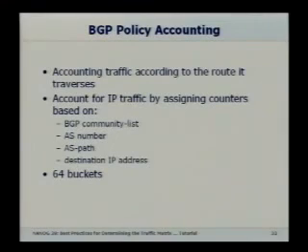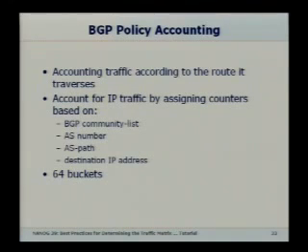So you can either match it on neighbor ASs or things in the AS path. You can base it on communities, which might be the easiest one. So, for example, on all your peers, you give every peer a specific community number, and then you make in all the routers an access list which says bucket number 1 is peer 1, bucket number 2 is peer 2, and you keep track of which one is which.